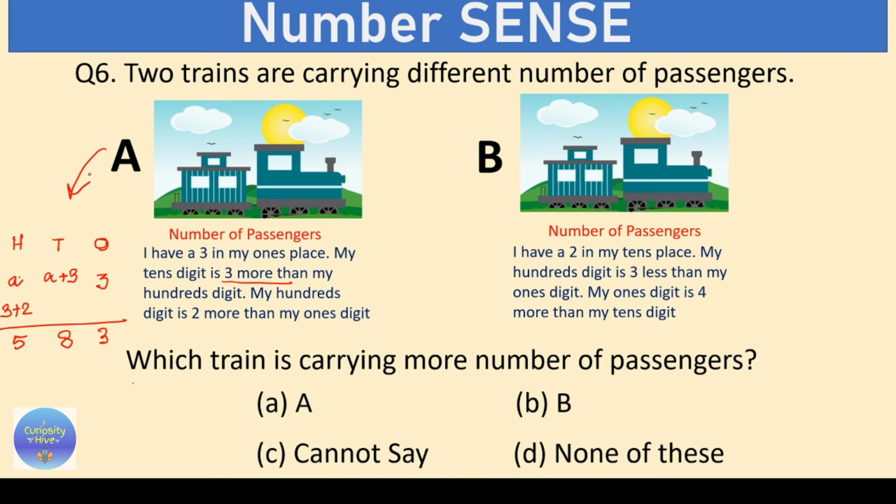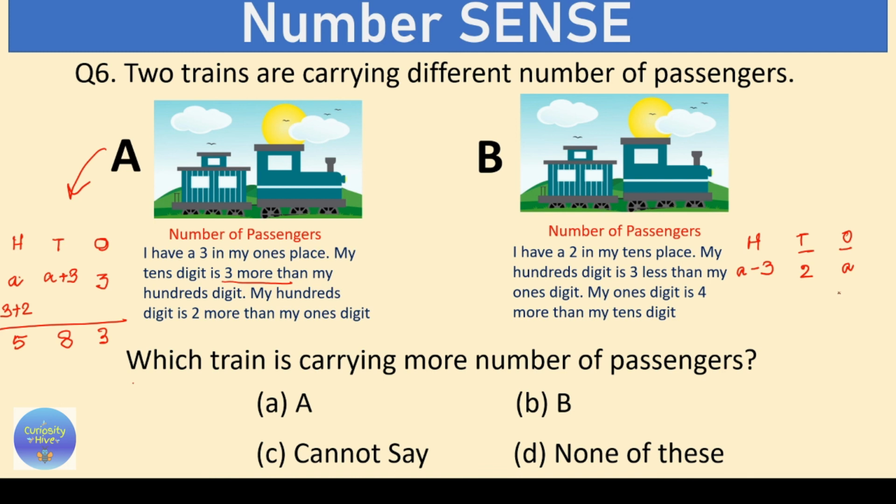Let's do it for B. B says I have 2 in my tens place. So there is a tens here, there is a ones here and I have 2 here. And it says my hundreds digit is 3 less than my ones digit. So let's call this one A. That means your hundreds digit is A minus 3. And my ones digit is 4 more than my tens digit.